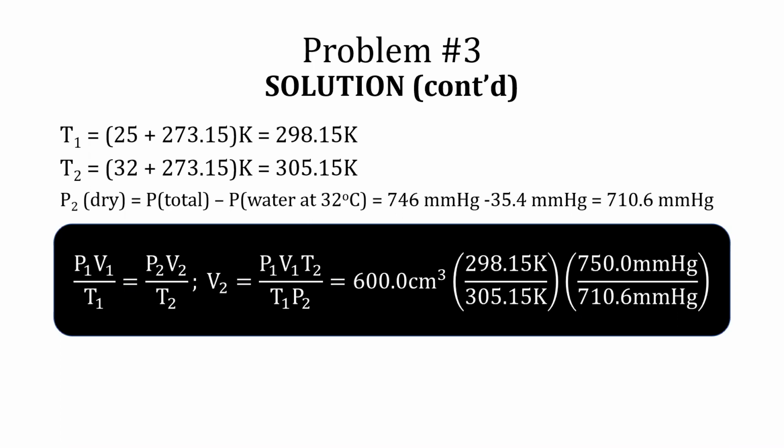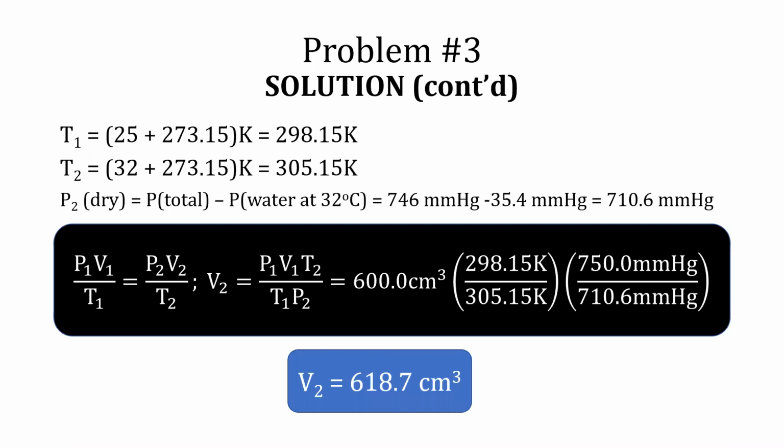Once P1, P2, T1, T2, and V1 have been plugged into the combined gas law and solved for V2, it is 618.7 cubic cm.